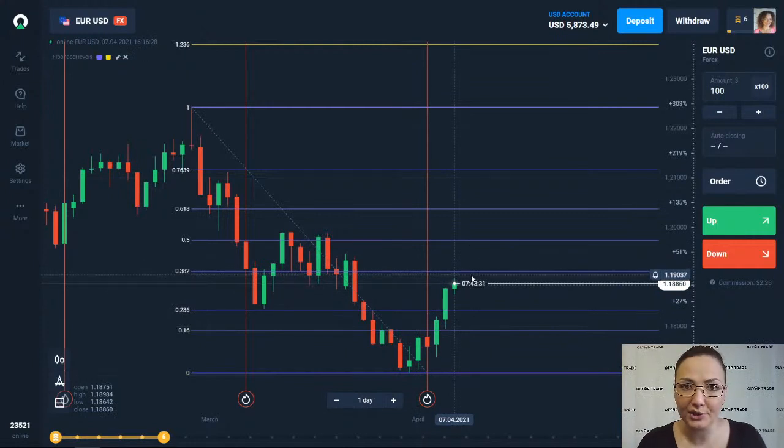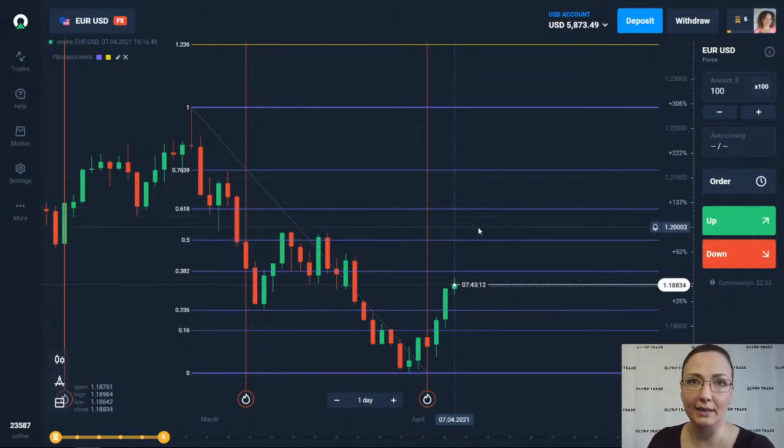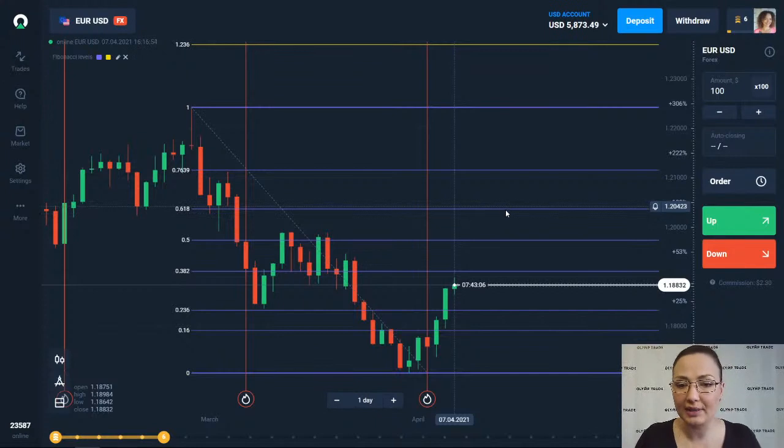At 38.2, the price is going to bounce from this area and continue in the direction of our main trend, or it's going to breach this level. If it breaches this level, then we can expect the price to rise to the next level, which is the 50%, and then our golden ratio 61.8. And again, as I mentioned, if we break 61.8, then there are high chances that the trend has changed.